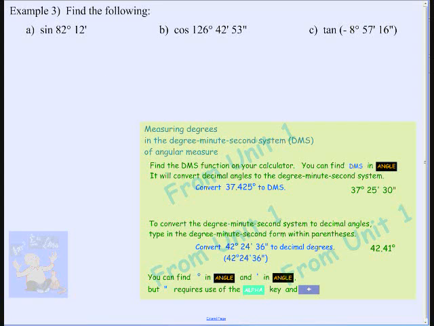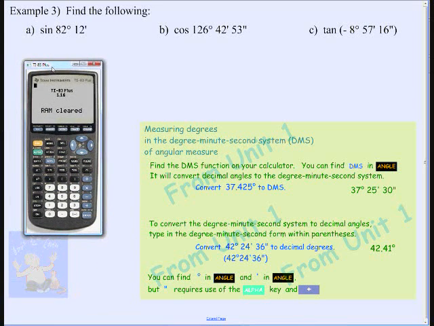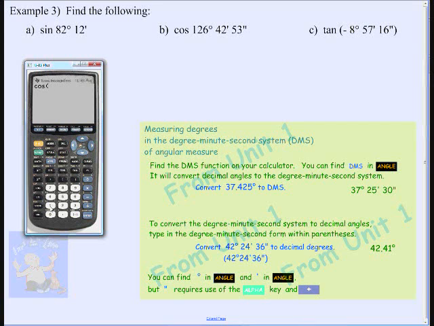Okay, we're going to work on, let me choose B. We're going to work B. So, cosine of, let me make sure we're in degrees. We aren't. We need to be in degrees. Okay, so clear.